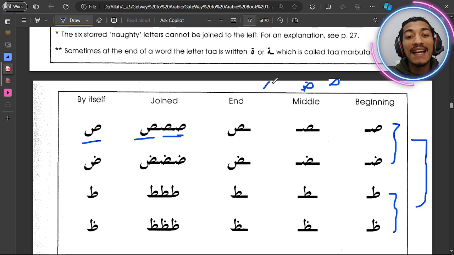If we add a line, it will be Ta, and if we add a line with a dot, it will be Dha. All of them have the same head of Sad. That's Sad, Dad, Ta, Dha. Sad and Dad go down to the line, but Ta and Dha, in their origin, don't go down. That's why they will have the same shape.